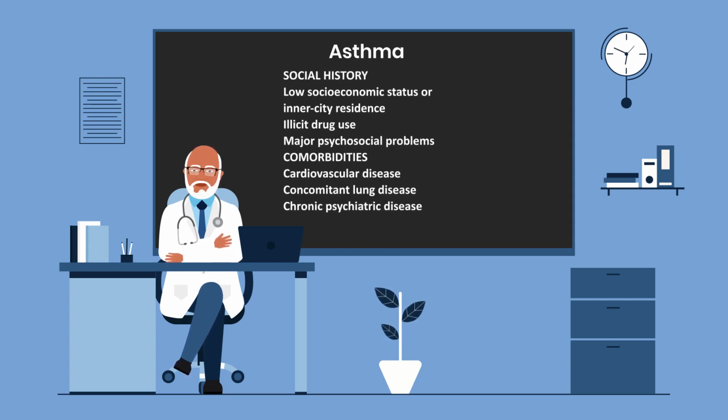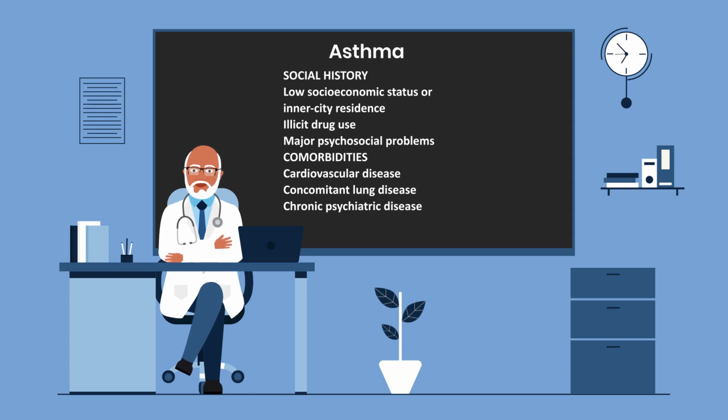Now, there's also social history that could contribute to the risk factors for death from asthma. Low socioeconomic status or inner city residents are at risk for higher mortality. And those who use illicit drugs are also at risk for higher mortality.